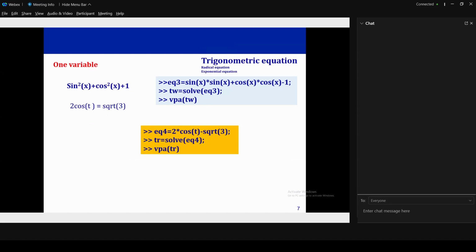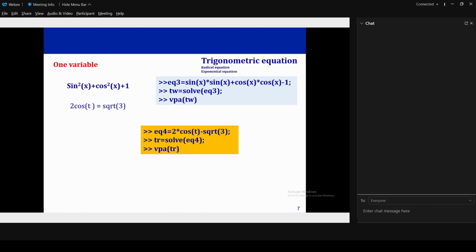So let's start. In the last class we learned to solve algebraic equations, where we saw different types of algebraic equation and how to solve them, and how we simulate it in Matlab or get the solution in Matlab.